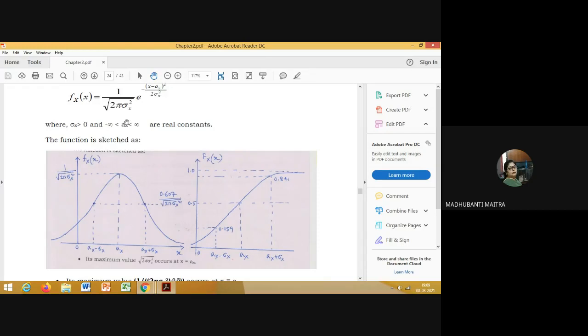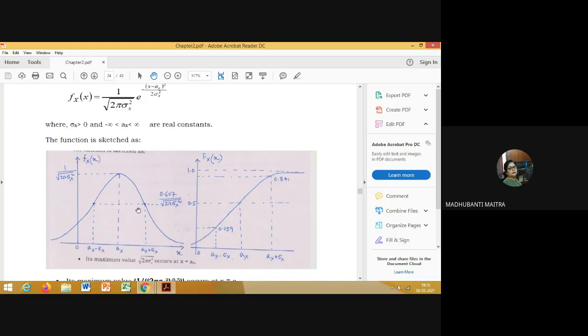That estimate will come from this value ax, which is the center point, and from this value sigma x. So here are the 2 points: one is ax plus sigma x, and on the other side of the center point we mark another point, ax minus sigma x on the x-axis. This is the maximum value, given by 1 by root over 2 pi sigma x square.